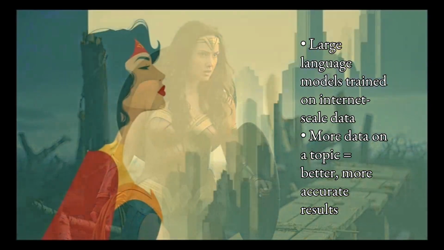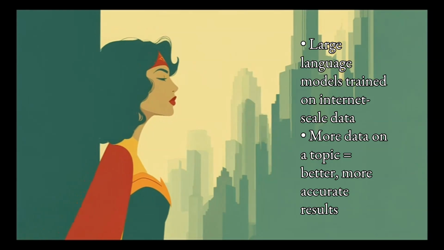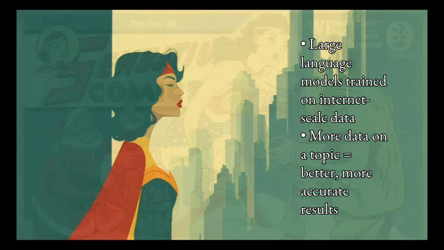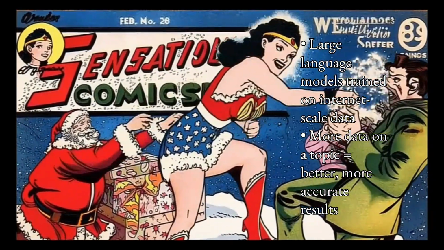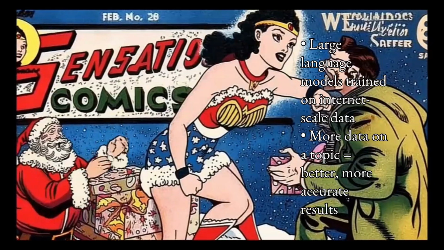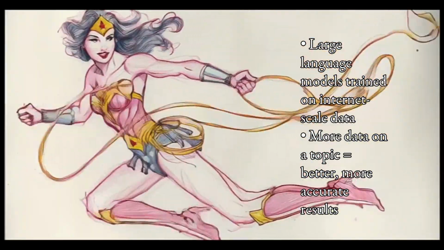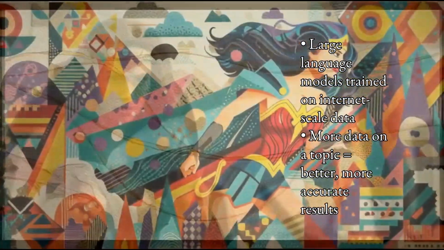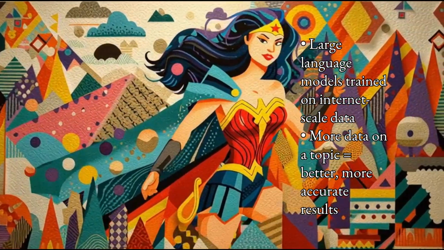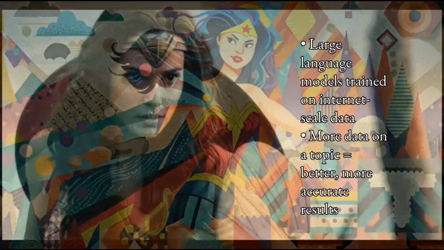So I can ask it practically anything about anything and it at least has some data about it. The more data it has, the closer it's going to be. So if it's a very obscure topic where it doesn't really know much, then it's going to guess.